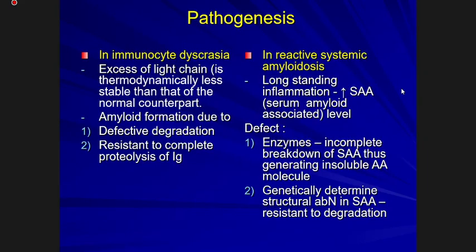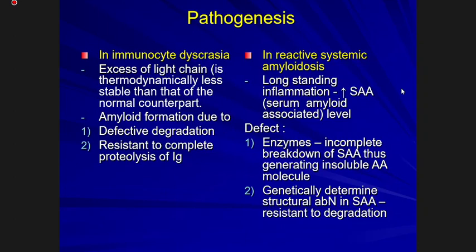So again, the pathogenesis. What we just covered was the general pathogenesis. If you go by the classification just now, for the immunocyte dyscrasias, we talk about excess light chain. This excess light chain is less stable. Although it's a normal light chain, it is less stable in nature.